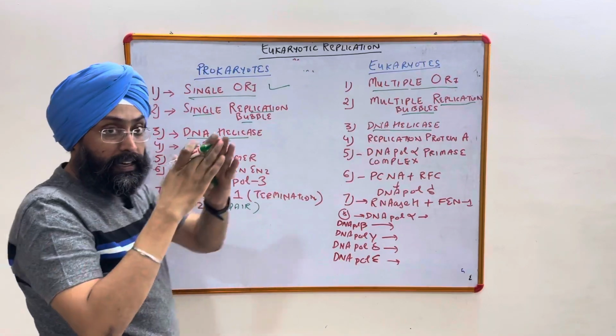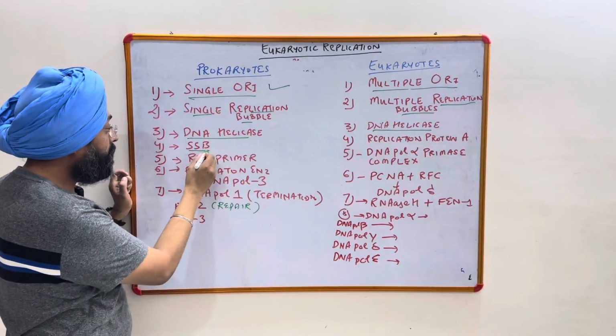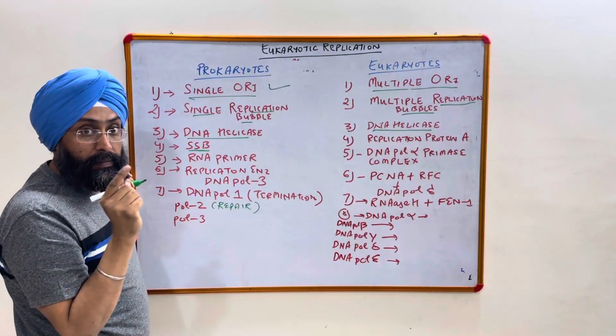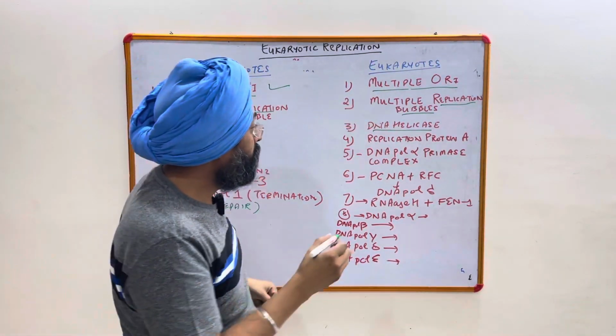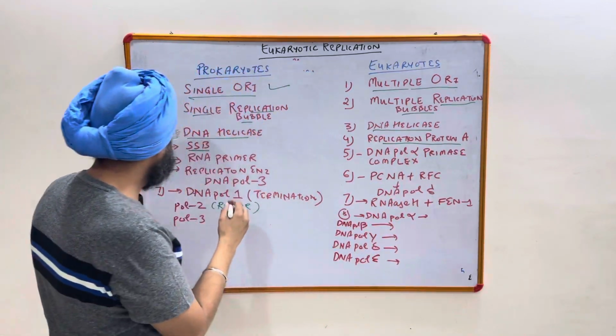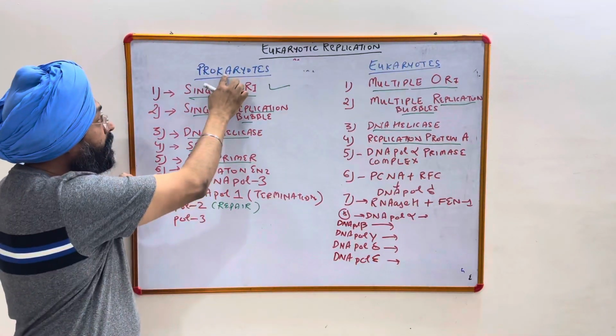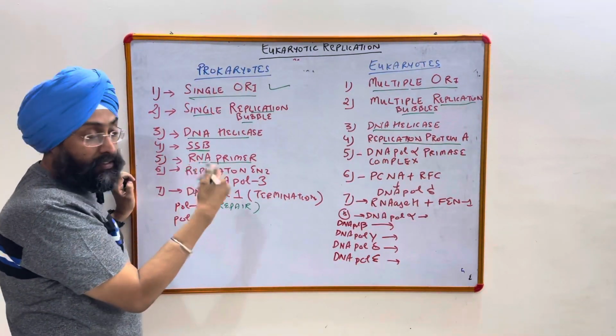When the strands are separated by the zip opener, in prokaryotes the single strand is stabilized by SSB, or single stranded DNA binding protein. In eukaryotes, it is replication protein A, right? Then comes the role of the RNA primer on which DNA synthesis takes place. In prokaryotes, it will start directly.